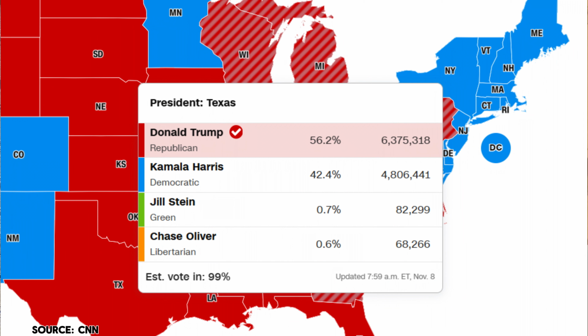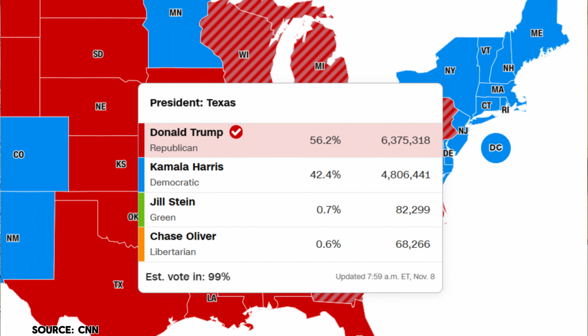When it's time for election in America, people are actually voting for electors who represent their state's choice of president. Whichever candidate wins the popular vote in the state usually wins the electors. For example, in the recent election that just happened in America, Texas had 40 electors representing the state.